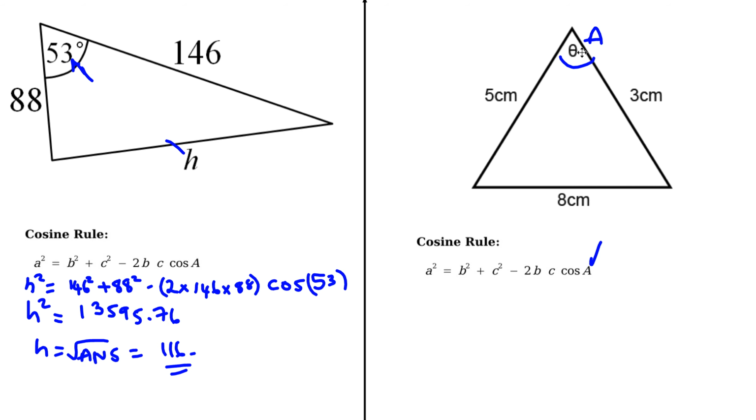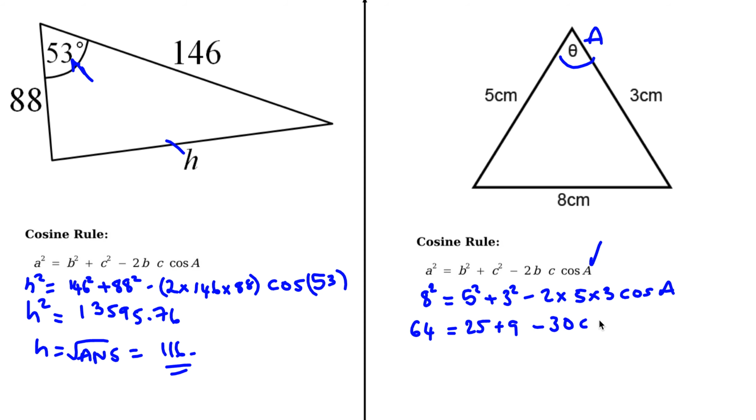Okay, so if this is a, then I definitely know a, the small a in this, is 8 squared. I'm going to equate that to 5 squared plus 3 squared minus 2 times 5 times 3 cos of a. So this is 64 equals 25 plus 9 minus 30 cos of a.